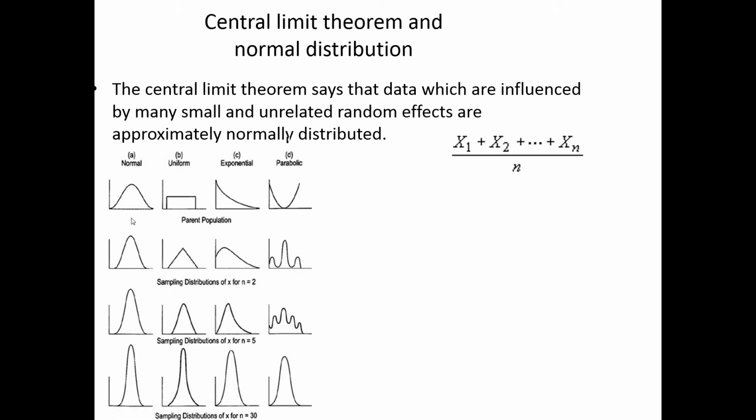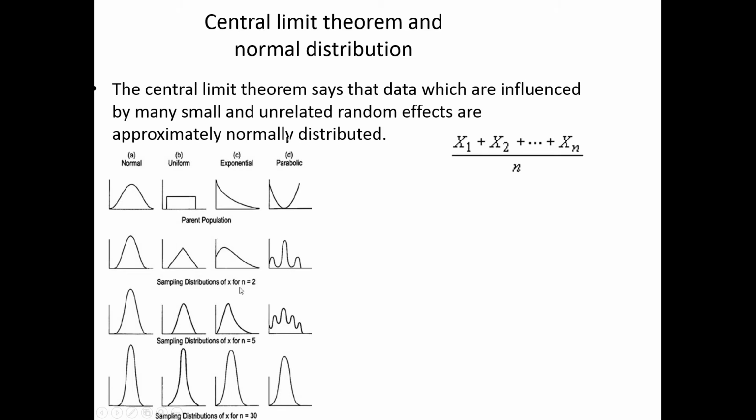And what is amazing is that whatever the original distribution is, the distribution of means will tend to be a normal Gaussian. So for example, if we have this uniform distribution, and again we take two different samples and look at the mean, and repeat this calculation over and over again, we will find that the distribution of means has this triangular shape.